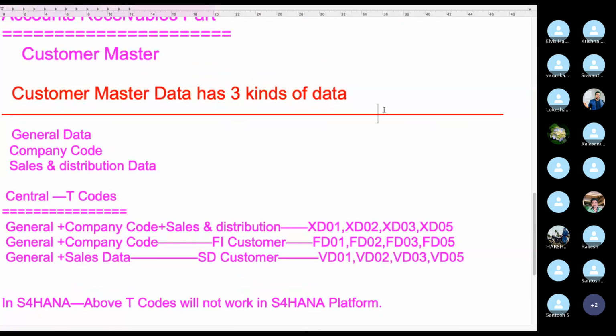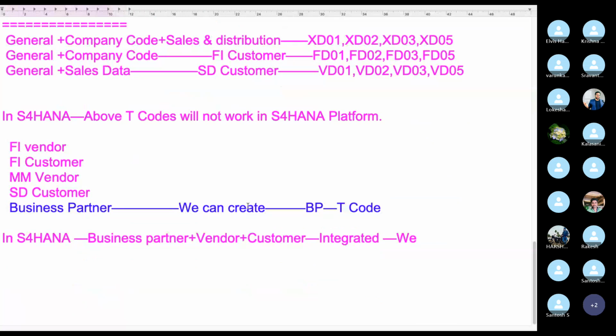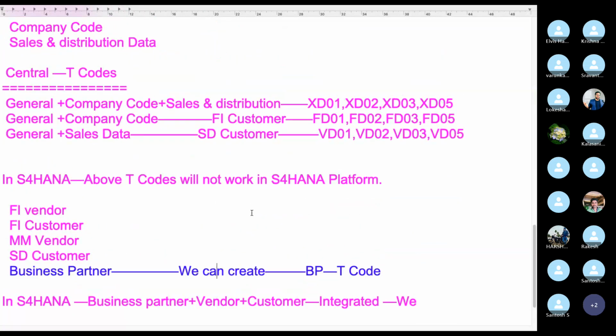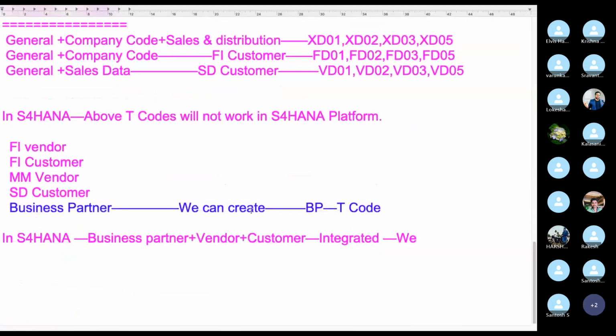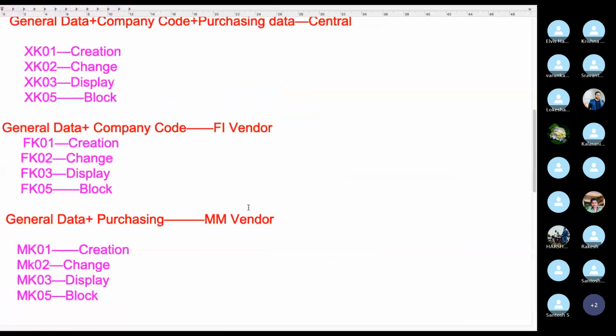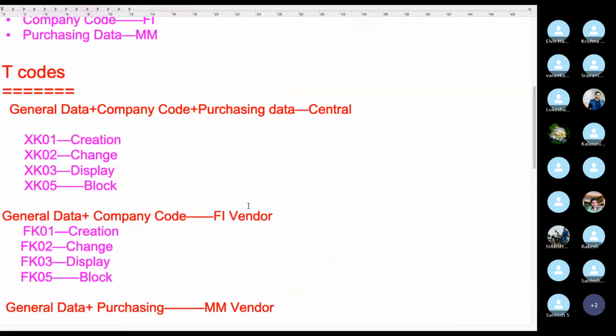Got my point? Yes, in S4HANA it is simple, only one T code, BP. BP is the T code we will use.